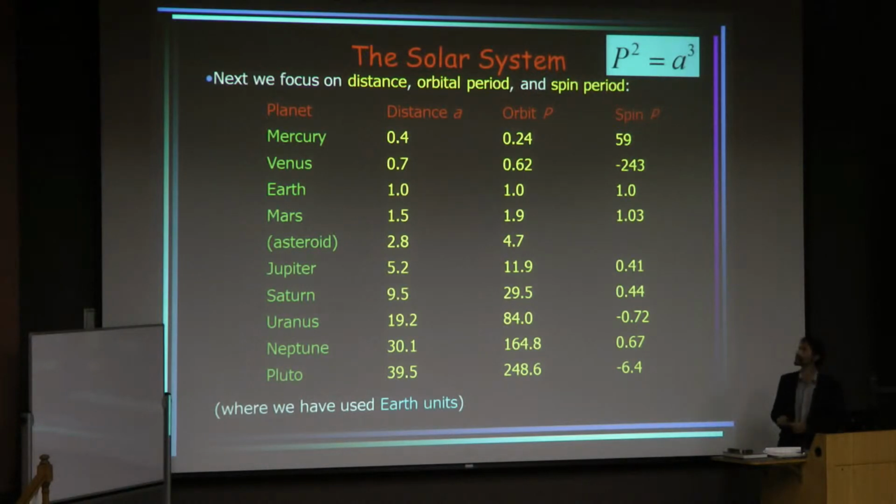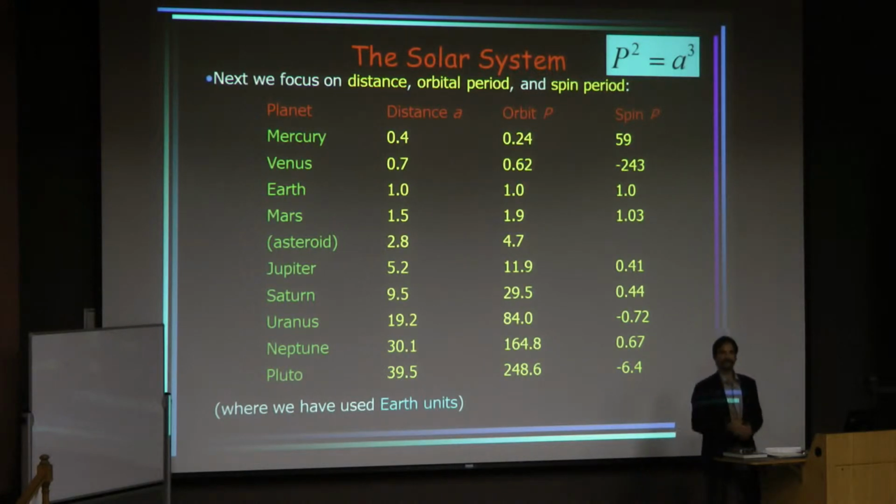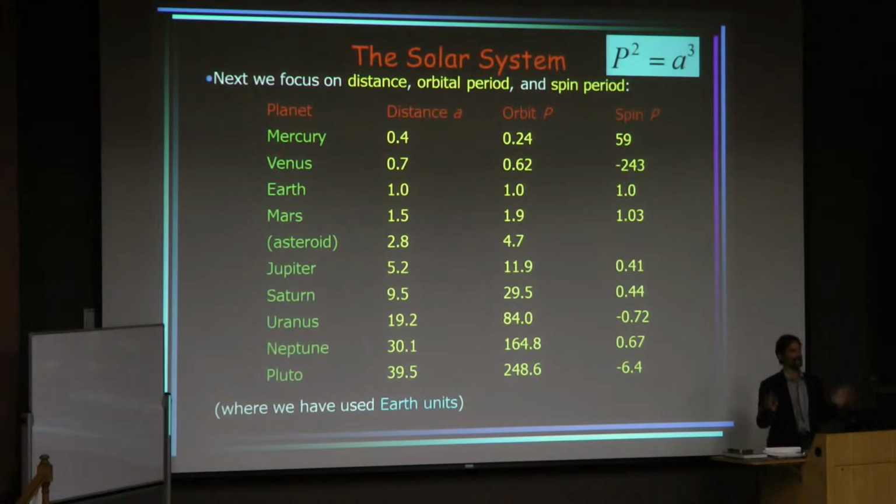It's obviously true for the Earth, because for the Earth, the period is 1, the semi-major axis is 1 astronomical unit, and the orbital period is 1 Earth year, so we get 1 cubed equals 1 squared, and that's true. 1 cubed is 1, 1 squared is 1, so we get 1 equals 1. So that formula is kind of trivially satisfied for the Earth data.